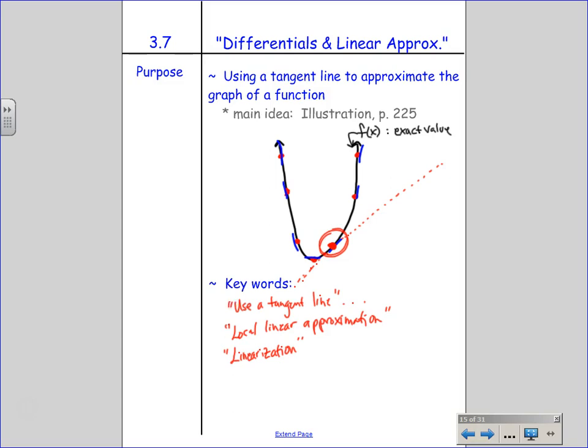And then we could call the y values of this line L of x, which are going to approximate f of x when you're really close to this point. So y equals f of x is the exact function value, and we're going to use the tangent line's y as L of x to approximate f of x.